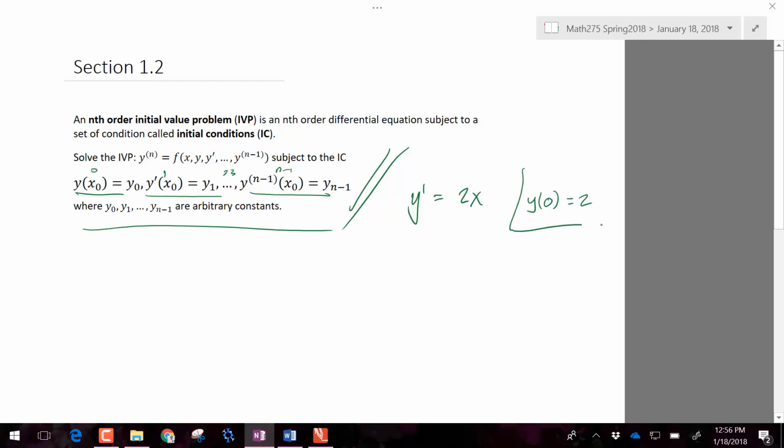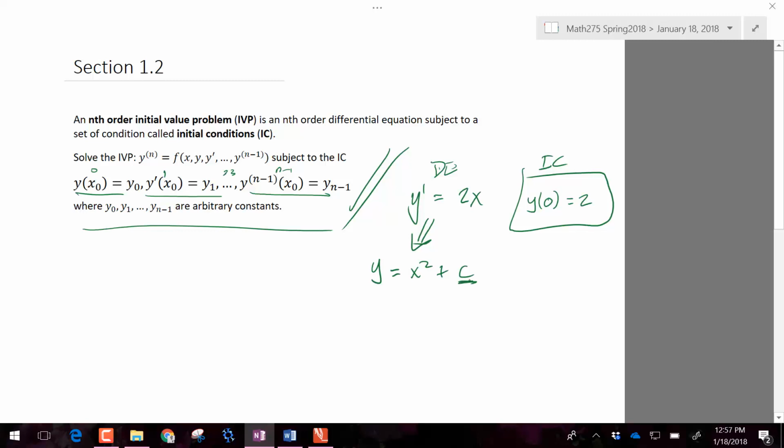And if we temporarily ignore this initial condition and go ahead and solve this differential equation, we would integrate both sides, so to speak, as an indefinite integral. What's the antiderivative of 2x? x squared plus c, right? Now, if you remember some of the solutions from last time, we have a one parameter family of solutions.